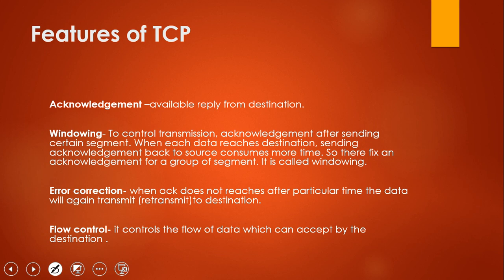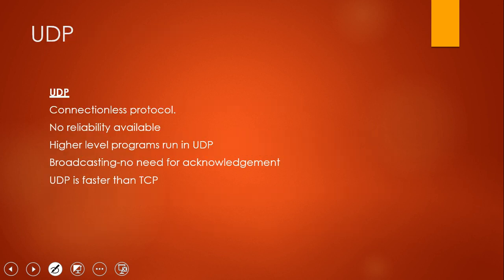Error correction: when an acknowledgement does not arrive after a particular time, the data is transmitted again to the destination. Flow control controls the flow of data which can be accepted by the destination.